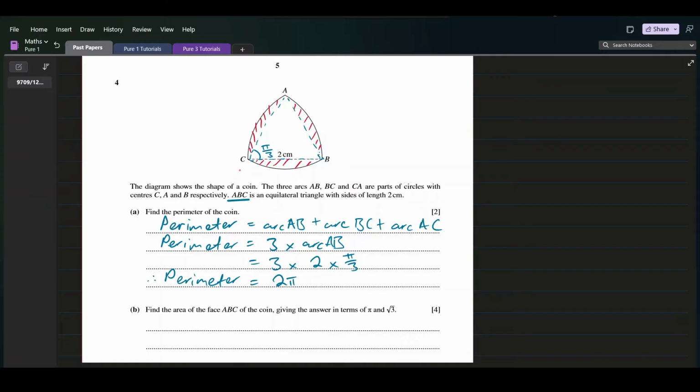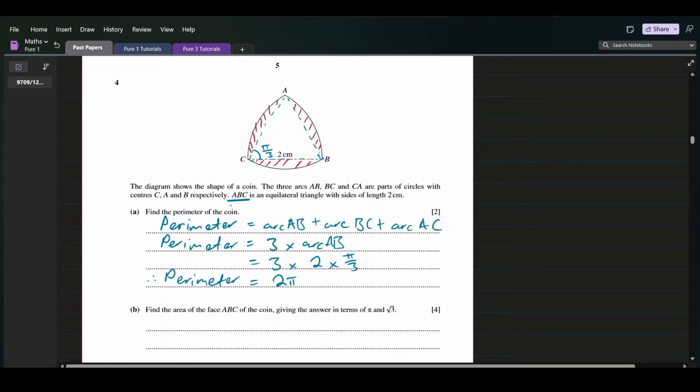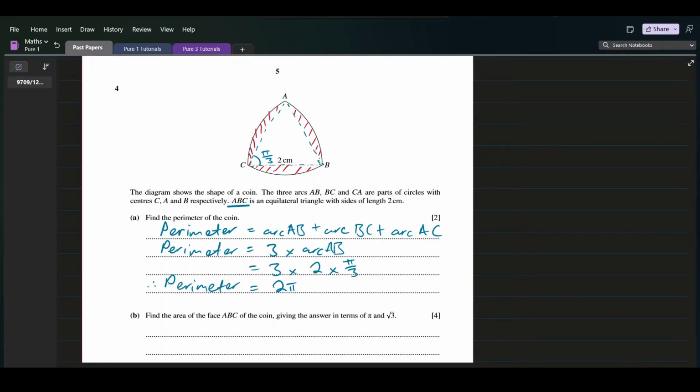So to find the area of a segment, notice how the segment would be the sector ABC, sector ABC, right? Minus the triangle in the middle.